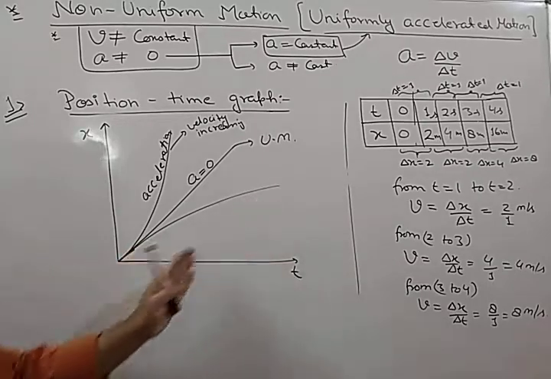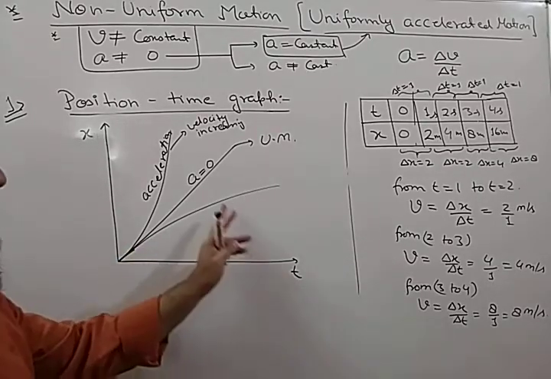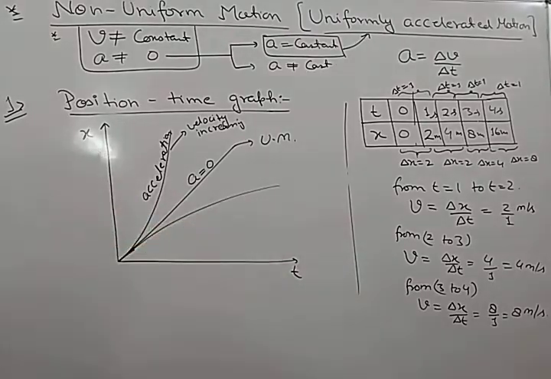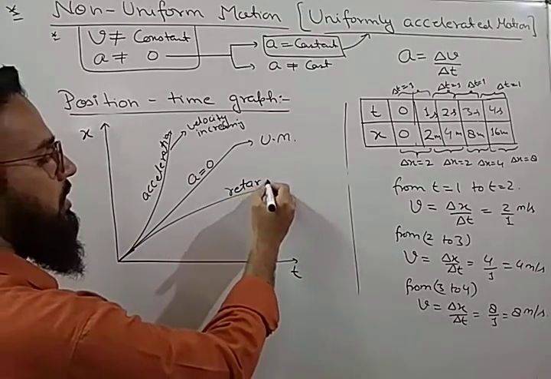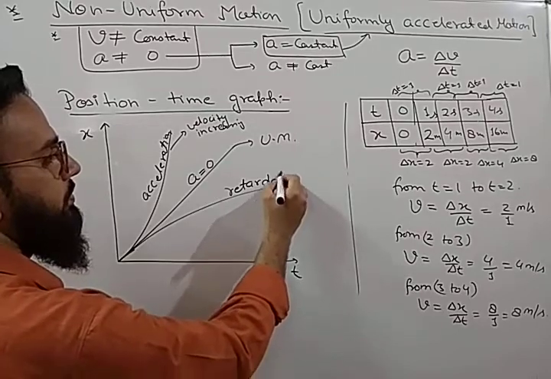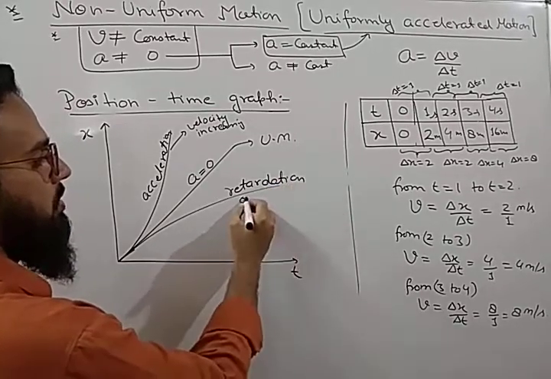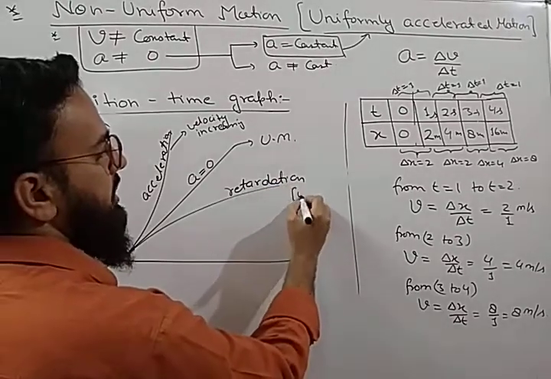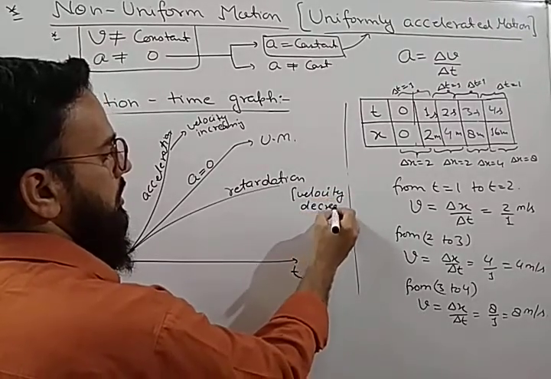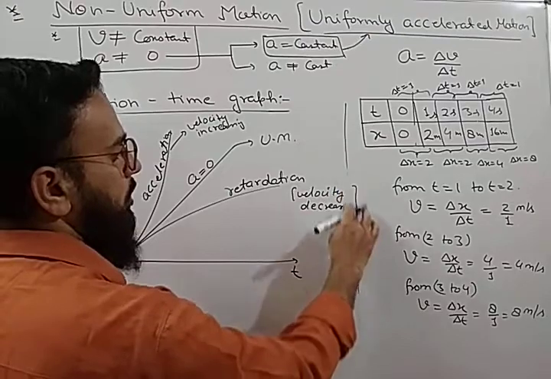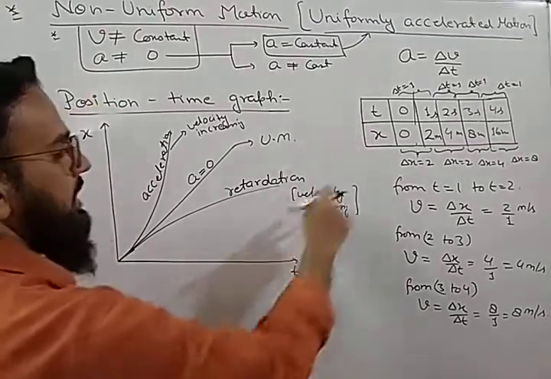It represents that the time taken is more, but the distance covered is less. It means this is the graph of an object which is in retardation, or we can say that the velocity is decreasing. So when the velocity of an object decreases, then the graph will look like this.